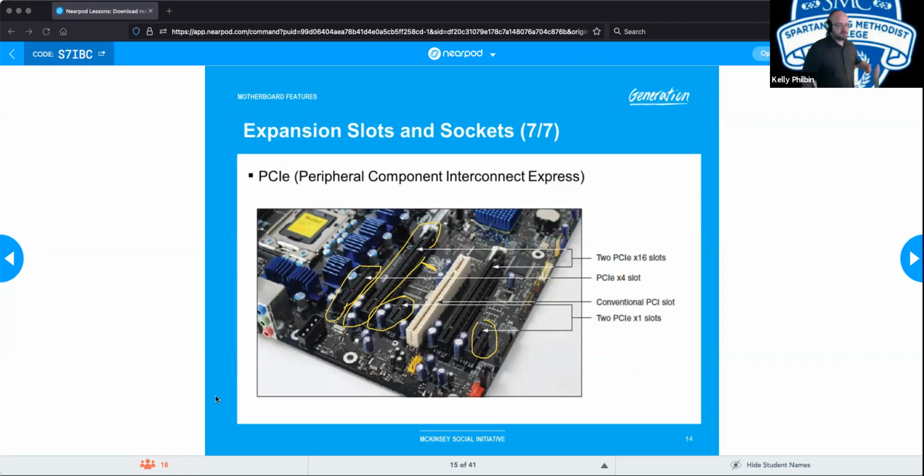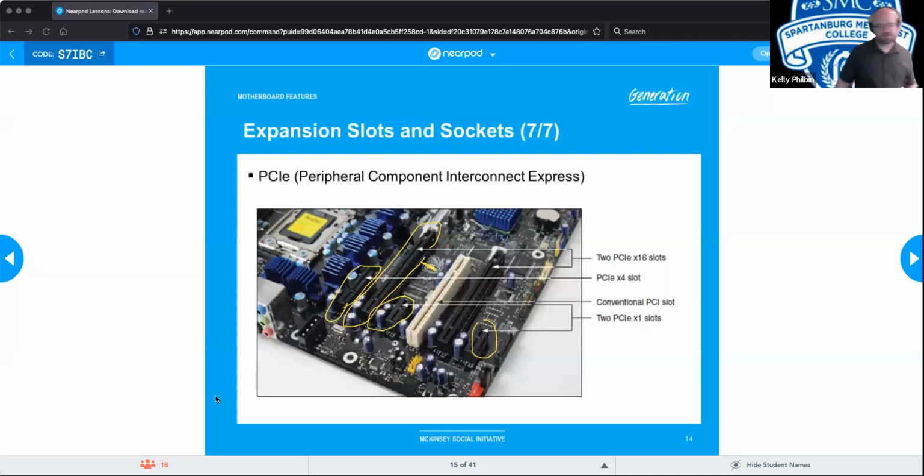So size on the actual motherboard is going to determine what type of PCI slot you would use. And for those of you doing the labs and test out, do we try to fit a PCIe by 1 card into a PCIe by 16? No. And we do not.